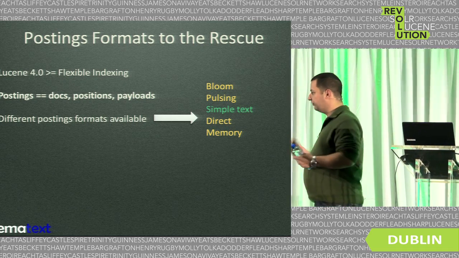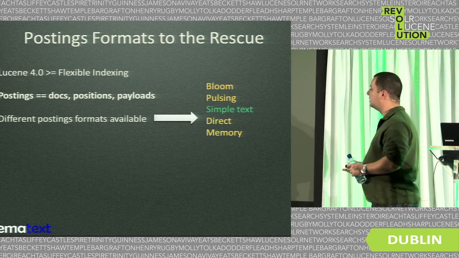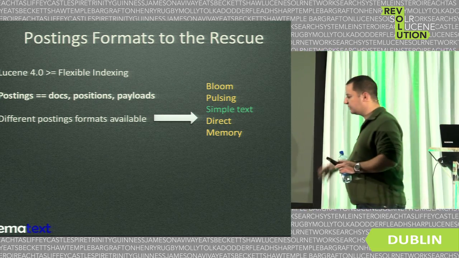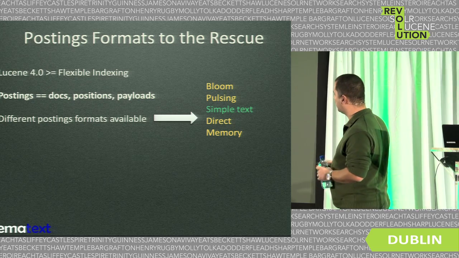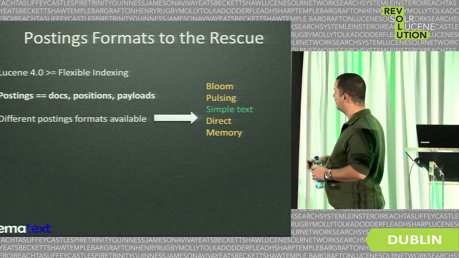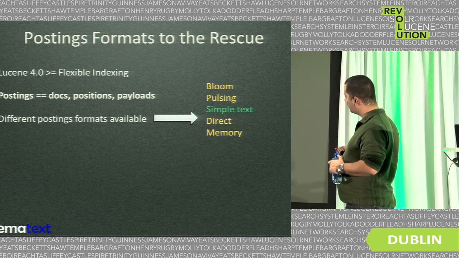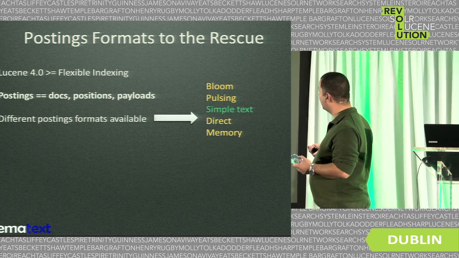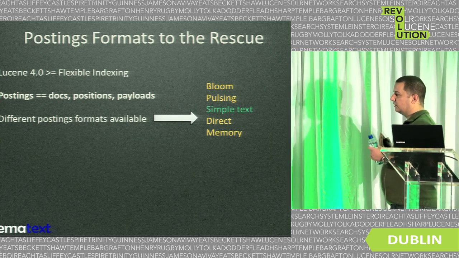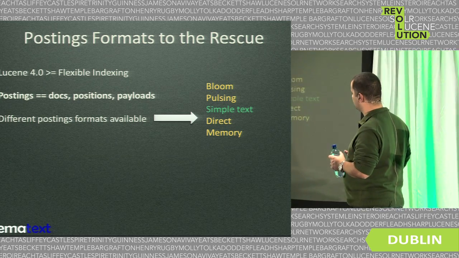So if you do a lot of seeks for documents, then it may help you, because Solr will know, it's more of a Lucene-level thing, but let's call it Solr, will know if the document exists in a given segment. In addition to that, we have a pulsing codec, which allows us to efficiently index fields that have many unique values, the high cardinality fields.